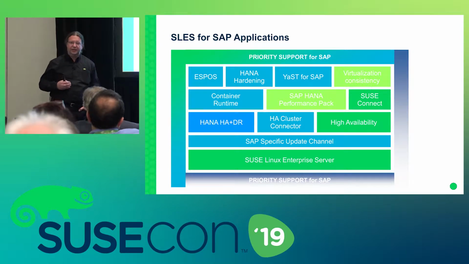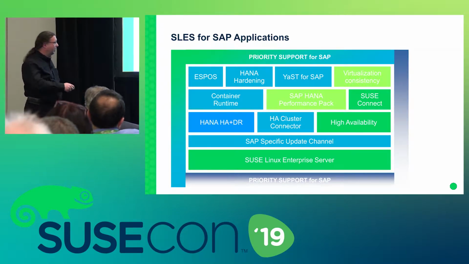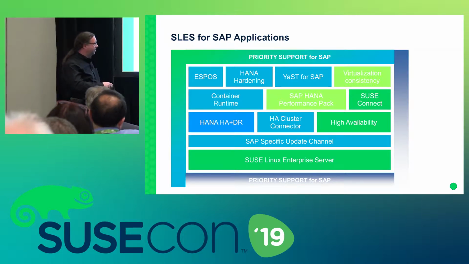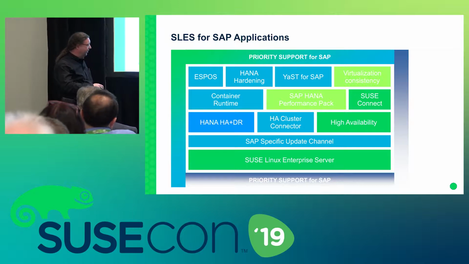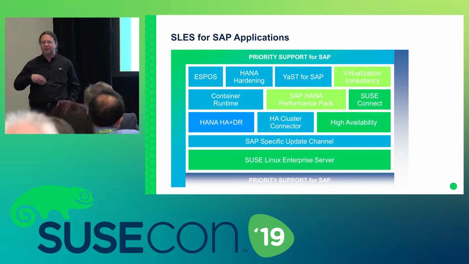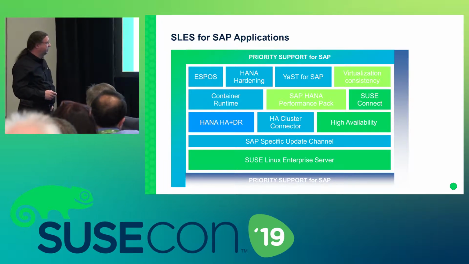When we're looking at SLES for SAP applications and how it's built up, it obviously is based on the SUSE Linux Enterprise Server as its foundation. We have, as part of the product, SAP-specific update channels where we ship our SAP-specific packages that we bring to market.